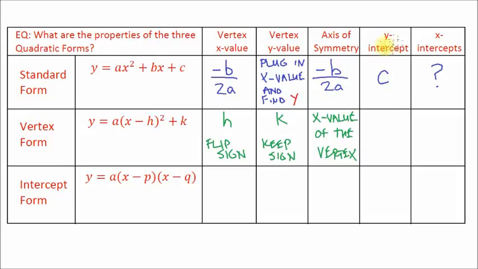How do you find the y-intercept? All right, now this is a neat trick we can do. If you remember on a graph, the y-intercept is always where x equals 0. Anywhere it touches the y-axis, the x value is 0. So all you do to find the y-intercept is you plug in x equals 0 and find y.